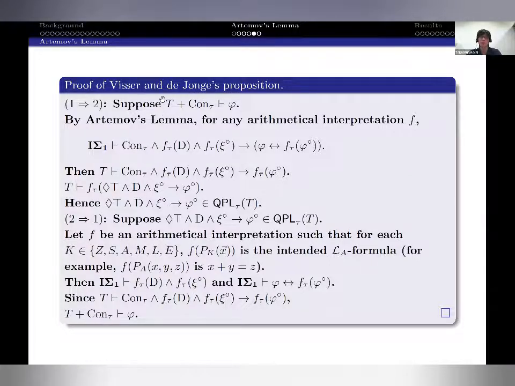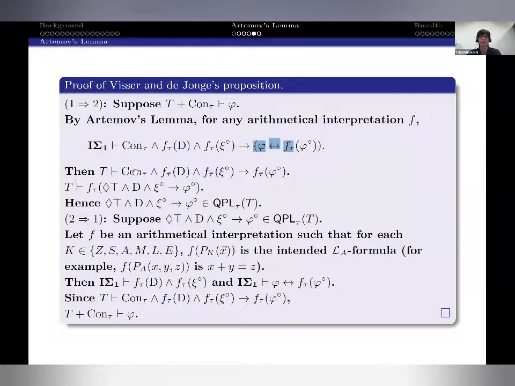By the supposition T plus con tau proves phi, so we can drop phi, and then we have that T proves con tau and F tau of D and F tau of xi circle implies F tau of phi circle.